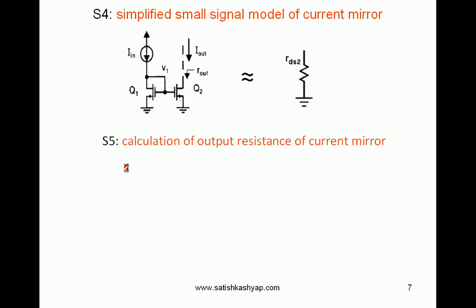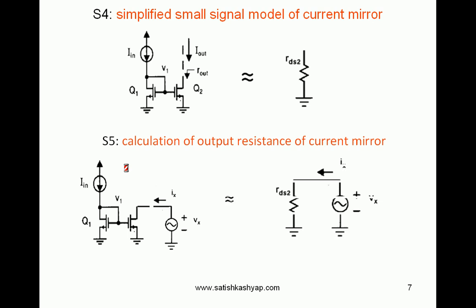Now if you calculate the output impedance of the current mirror, you have to apply Vx and Ix. From that you are calculating RDS2. So the output impedance of the simple current mirror is nothing but RDS2. This is the final conclusion. Any current mirror can be replaced with a single resistor.